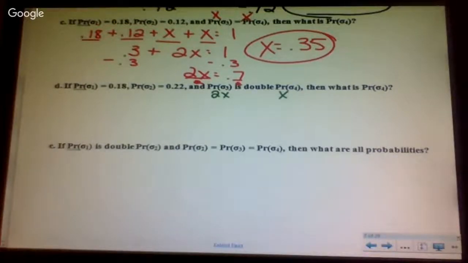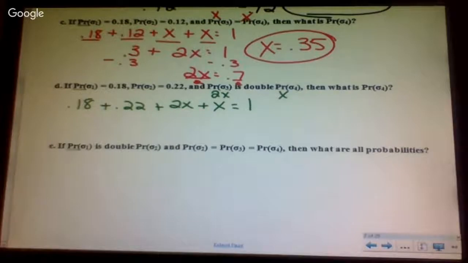So we're going to make 4 x. Remember, always assign your lowest first. 4 is my lowest. 3 is double that, so 3 is 2 times that. And again, 1 plus 2 plus 3 plus 4 should always equal 1.